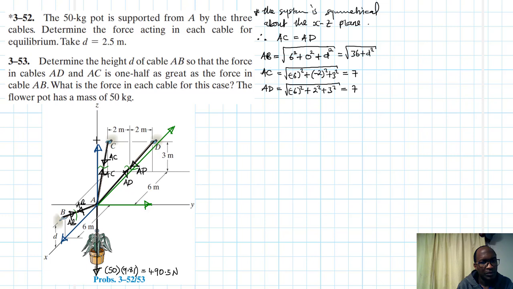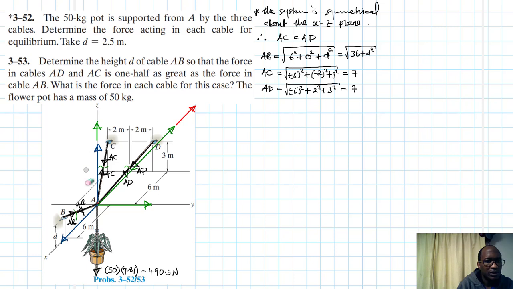And then we'll have something like this in the z. And then for the other one, we'll also have in this direction like so. We'll have in the x a negative, and then we'll have another one in this direction.